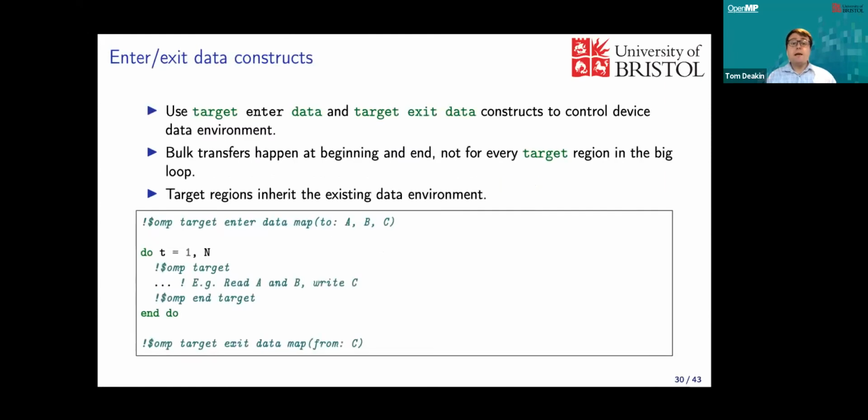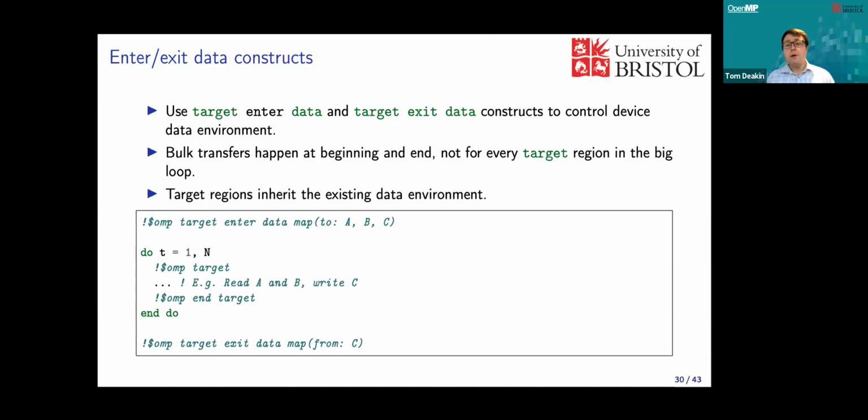So this is where this pair of constructs comes into play: the target enter data and target exit data constructs. The way to think about this is that the target device has a device data environment, and we can manipulate that with these two constructs, enter data and exit data.